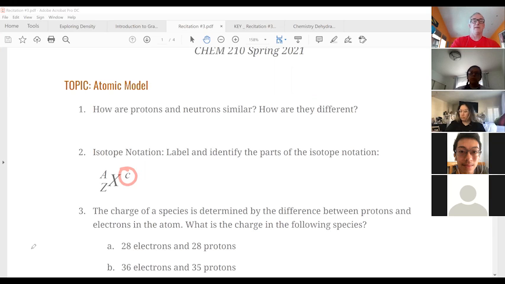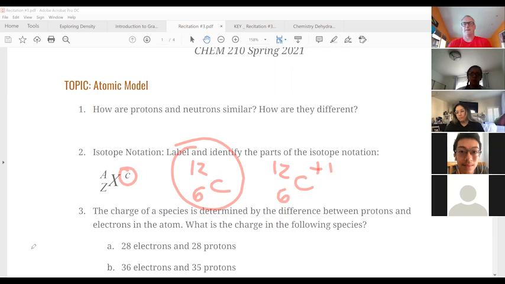So what do we call this, and what do we call that? What will we call this? Isotope symbol? No, the whole thing together. Carbon 12. That's carbon 12.